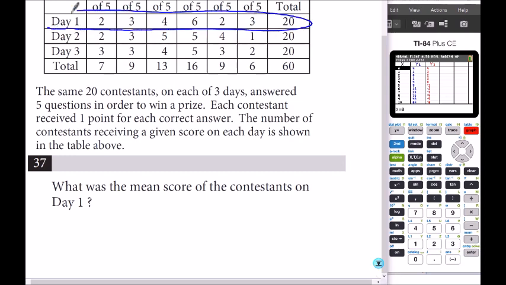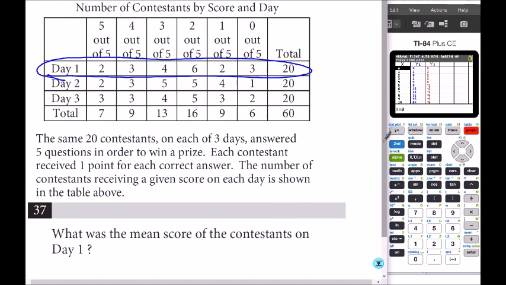There are total 20. So this means what? There are 2 people who got 5. So it's 5 plus 5. This is 4 plus 4 plus 4. So basically 4 times 3. And they're a total of 20. So just go ahead and add them together, right?